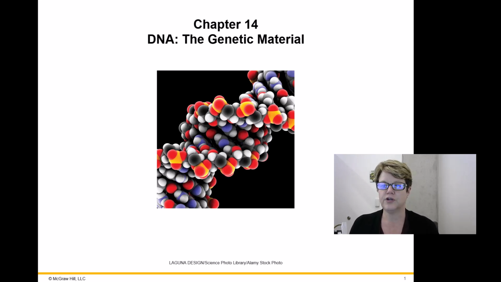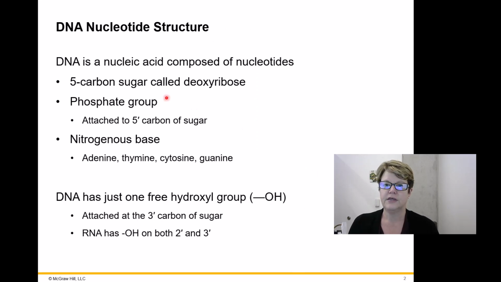So first we're going to look at the structure of DNA and the structure of its monomers, which are called nucleotides. So DNA is a nucleic acid, a polymer made up of monomers called nucleotides. Each nucleotide has a 5-carbon sugar called deoxyribose, a phosphate group, which I hope you still remember what that is, and then a nitrogenous base, which is an organic compound that contains nitrogen in it, although that's not that specific.